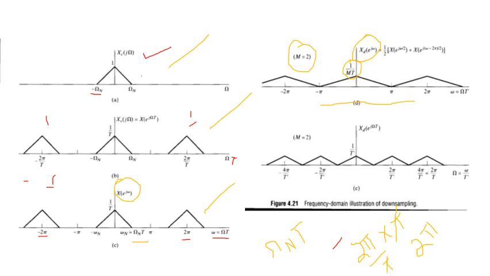We know that our decimation factor is 2, so we just divide by 2. So this point will come to π, and likewise this point will come to π, because we are increasing the sampling time by 2.